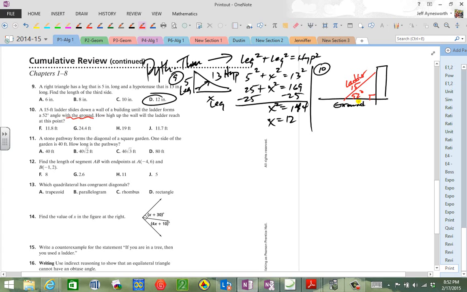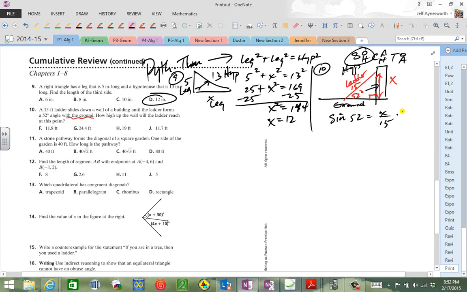How high up on the wall is the ladder? So what is this distance right here, x? I don't know. Let's figure it out. Opposite of that is x and the ladder is the hypotenuse, right? So SOH CAH TOA. All right, opposite divided by hypotenuse is the sine function. So the sine of 52 degrees is equal to x divided by 15.